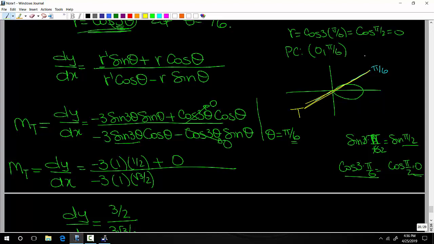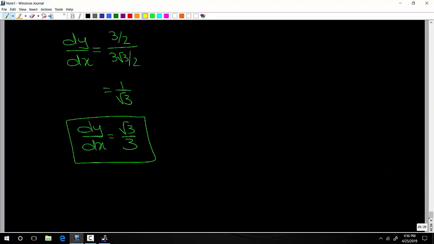And now you can see it's positive, so that's what it is. If I have time, I'll show you in class. We can also show that the slope of the tangent line at the pole is just the tangent of that angle when it goes to the pole. In this case, it went to the pole at pi over 6, so it'll be tangent of pi over 6. And if you remember from trig, that is square root of 3 over 3.